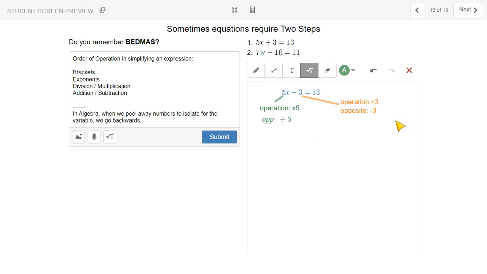Now let's apply these, but we have to apply them in the correct order. Since we're using algebra, we need to go backwards. We're going to first deal with the addition and subtraction before we deal with this. So first, we're going to do that. Second, we'll undo that.